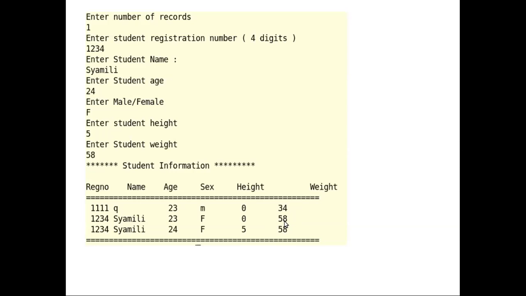In this program, whatever data was stored in the file, we just displayed it in a tabular format. Suppose after displaying, I want to find the total weight value and display the average of the weight value. That means I am doing advanced operations on the data.